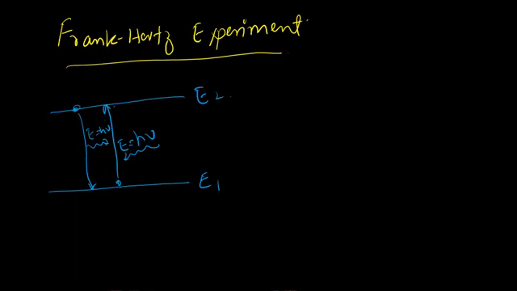So these jumps correspond to the emission line spectrum and the absorption line spectrum. The discrete line spectrum, as we already discussed, can be emission and absorption line spectrum.